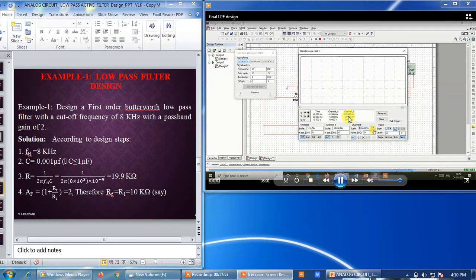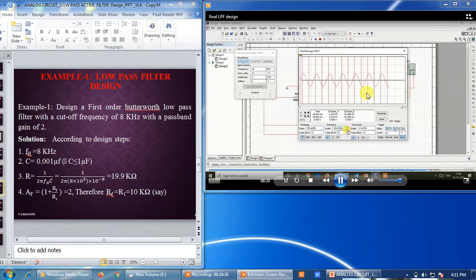Here the channel B scale is also changed. So you can change the scale. After changing this scale, you can find out the result.